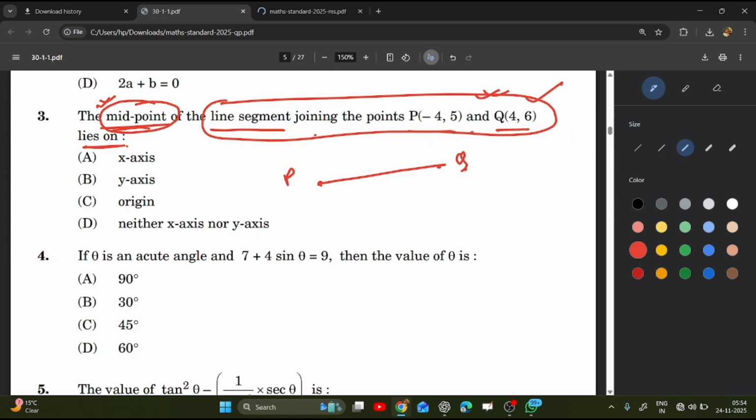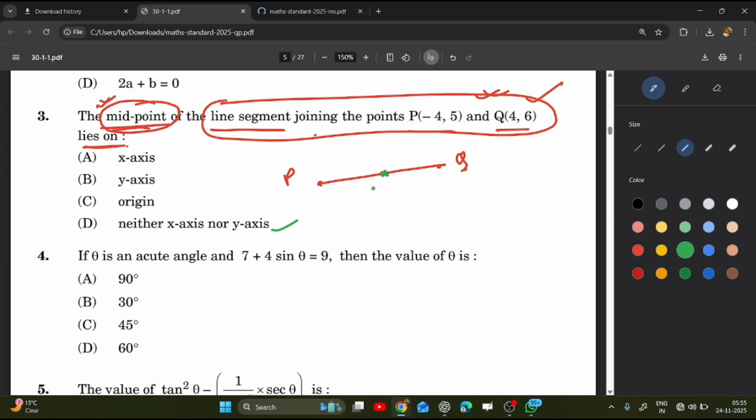So the midpoint lies on the midpoint of this line segment. Let's say it is here. So this midpoint lies on the x-axis, y-axis, origin, or neither x-axis nor y-axis. So let's see the coordinates of this point.